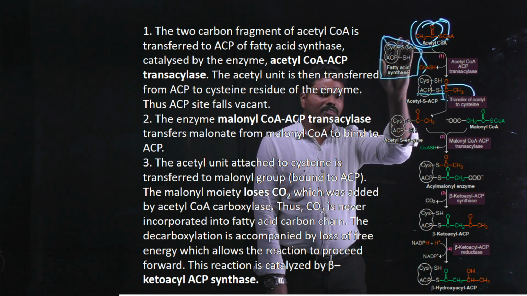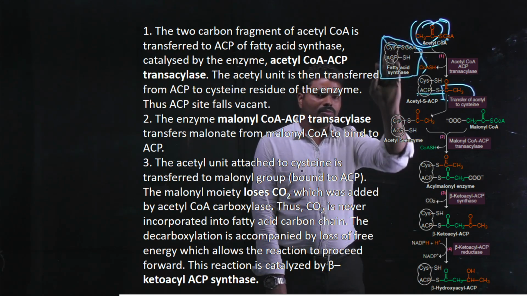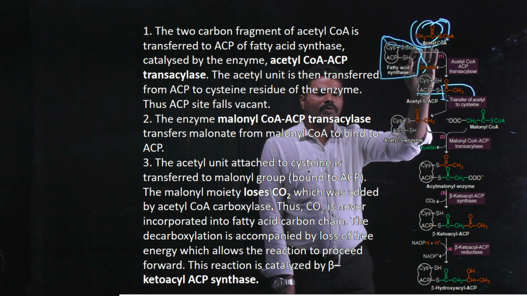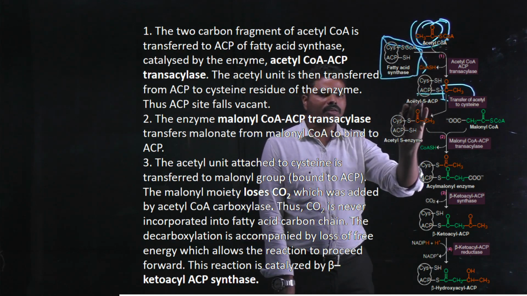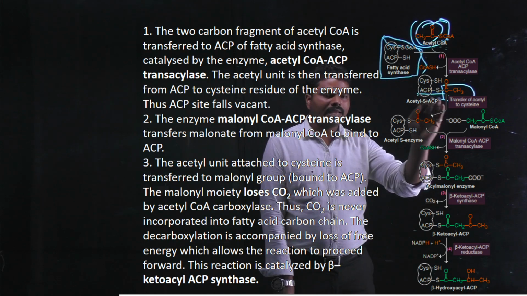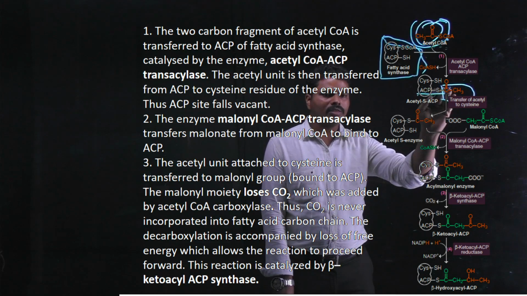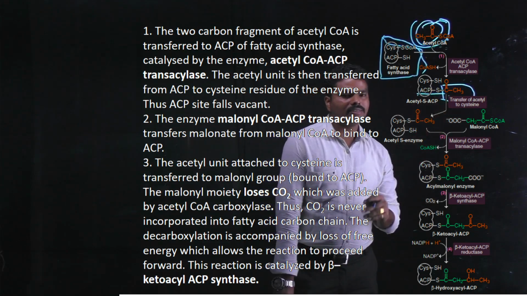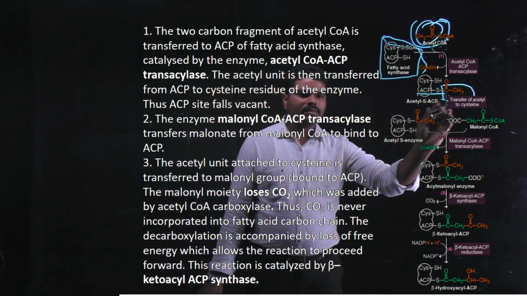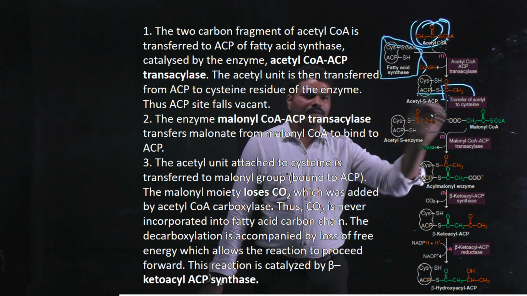So this is the fatty acid synthase, consisting of ACP and a cysteine residue. 2 components are there in the fatty acid synthase. So first, the 2 carbon fragments of acetyl CoA will be transferred to the ACP portion of the fatty acid synthase, and again that 2 carbon fragment is transferred to the cysteine residue of the fatty acid synthase. Okay. And then again the ACP site is vacant, that is free.